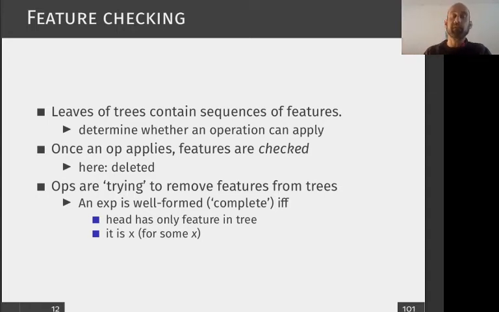Well, the leaves of your trees contain sequences of features which determine when an operation can apply. Once an operation applies, the features that licensed that application no longer need to be there. They're checked. The desire has been fulfilled.